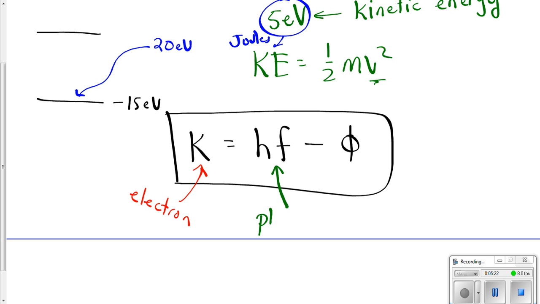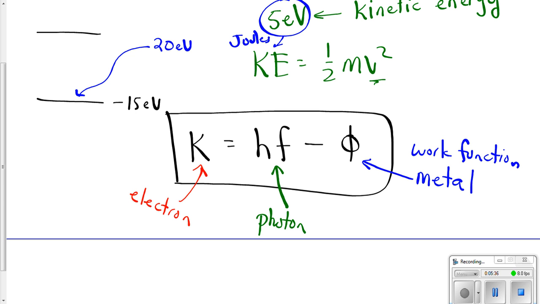So this is photon energy. And what is this talking about? The work function of the metal. So it's a little bit of a hairy equation because there's three different pieces that are involved in it. One, the electron, two, the photon, and then three, the metal itself.